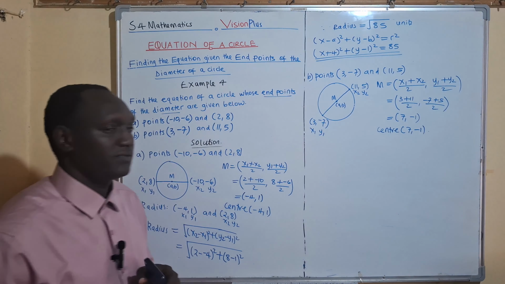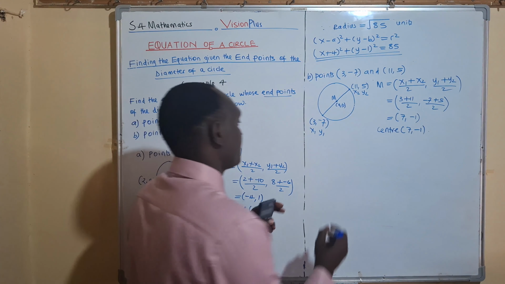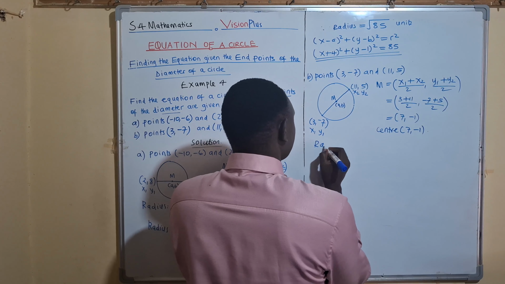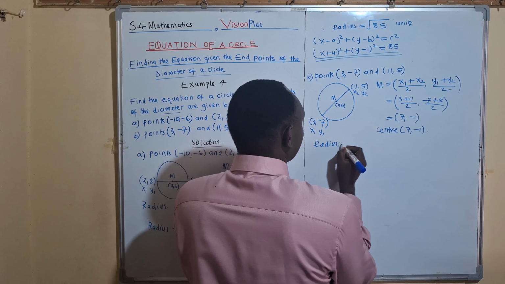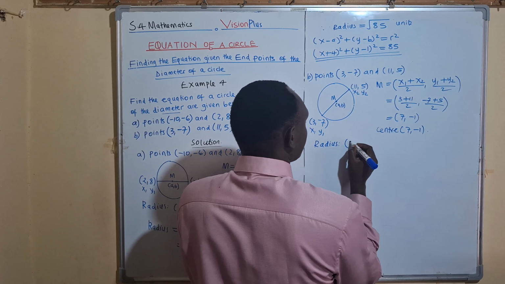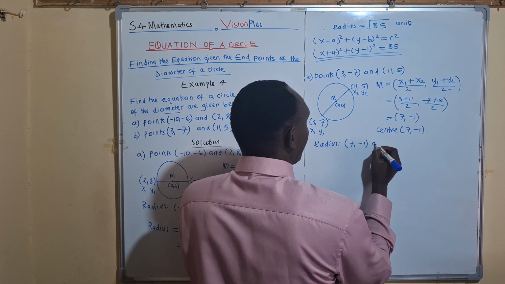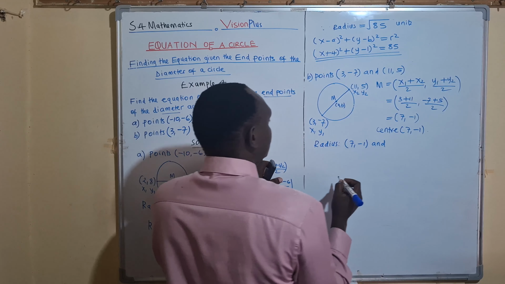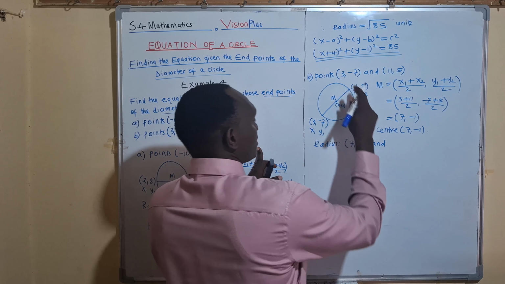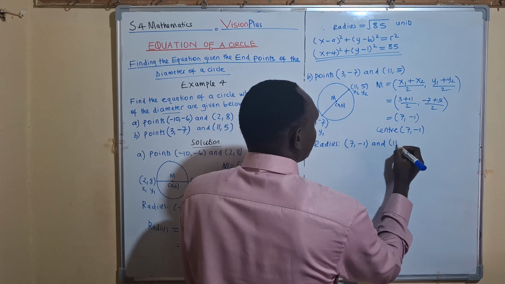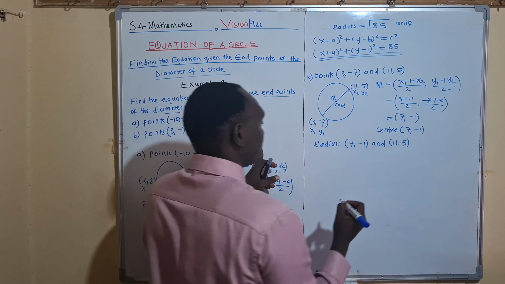After getting the coordinates of the center, we need to find the radius. And in getting the radius, I have said that just use the center, which is (7, -1), and any other point that you want, either this or that. Maybe you want (11, 5), but we get the same answers.